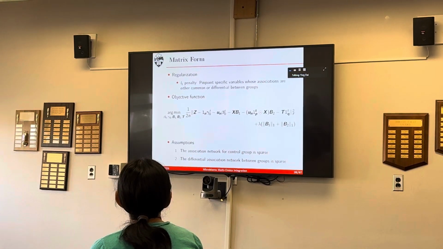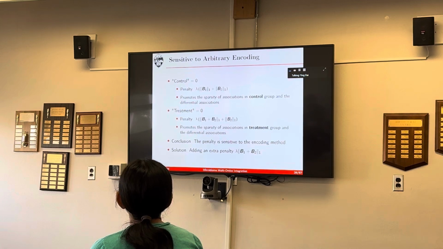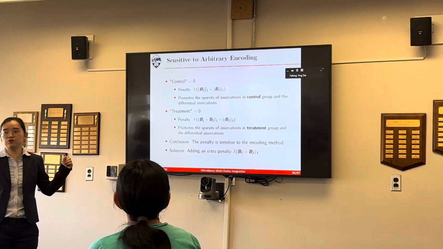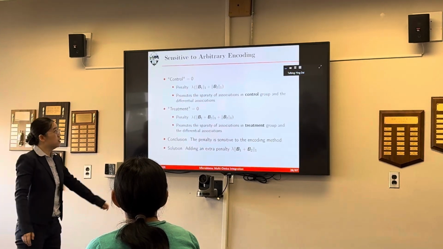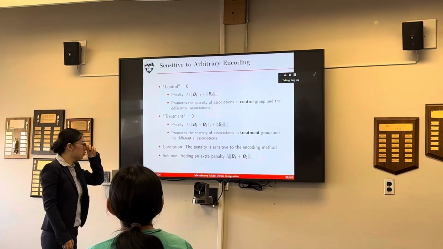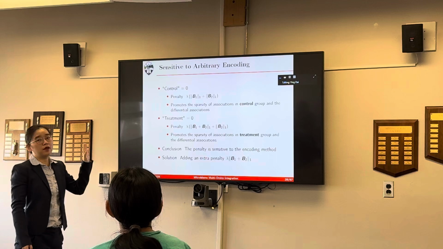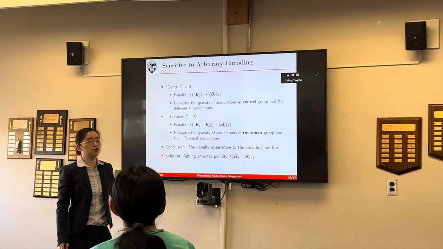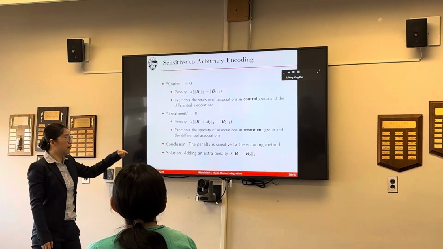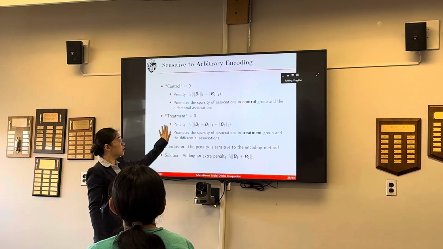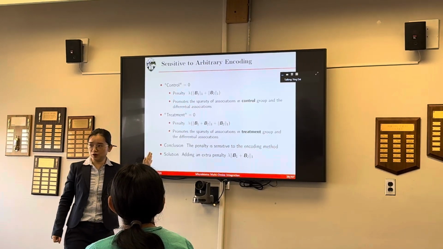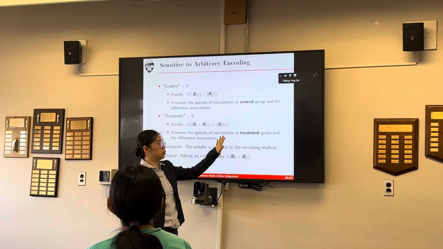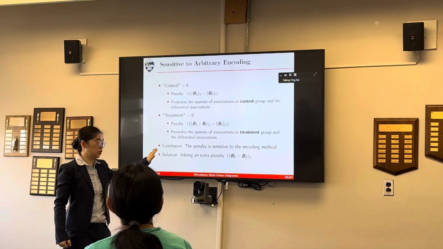However, this type of objective function has a pitfall, which is that it is sensitive to arbitrary encoding. If we say the control group is encoded as 0, then we are penalizing the control group and the differential association. However, if we encode the treatment group as 0, then the model penalizes the treatment group and the differential associations.